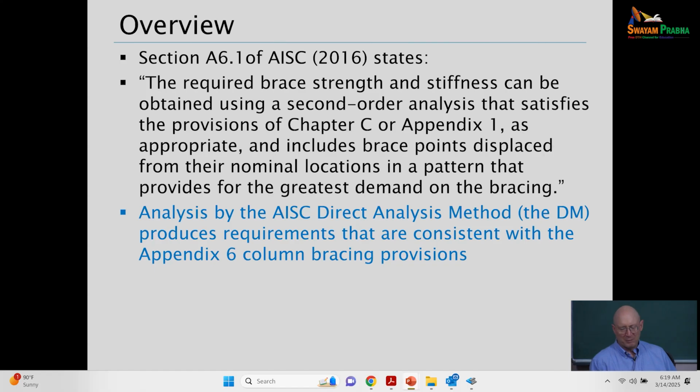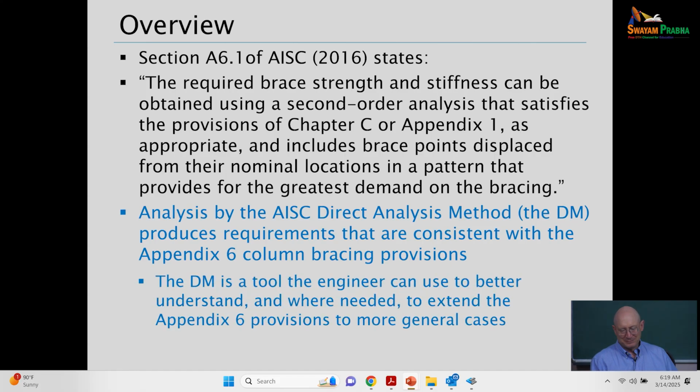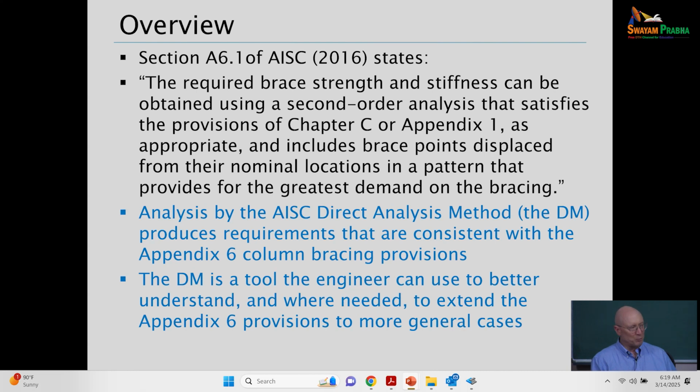Well, you can move to doing a direct analysis calculation in order to justify your bracing design. So that's a tool to allow you to get a better understanding or better prediction of what's going on for more general cases.